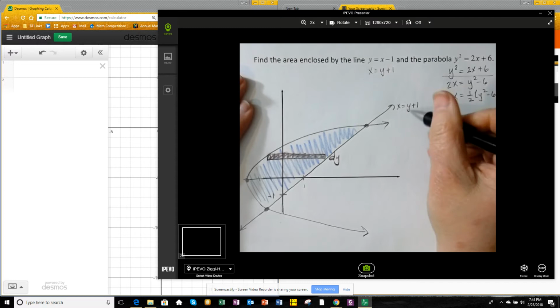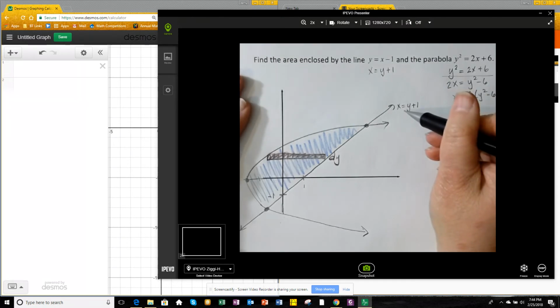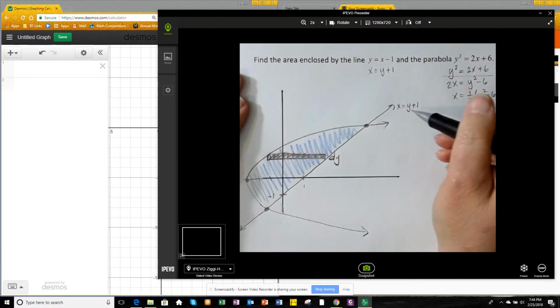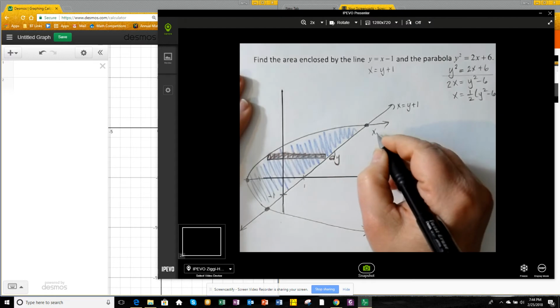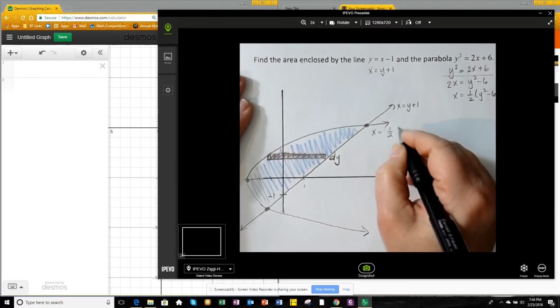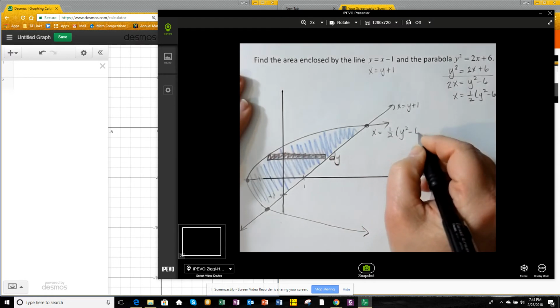When we're integrating with respect to y, we have to have our equations solved for x because we're going to have an integrand full of y's. All right, and then this next curve, this parabola, is going to be x equals 1/2 y squared minus 6.